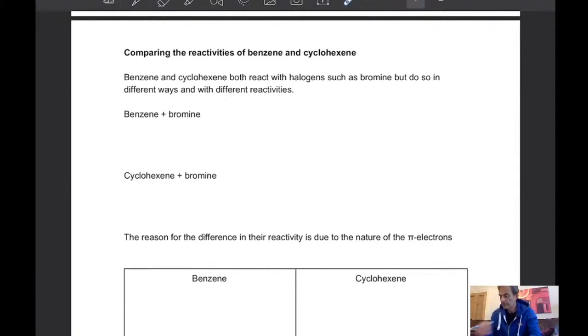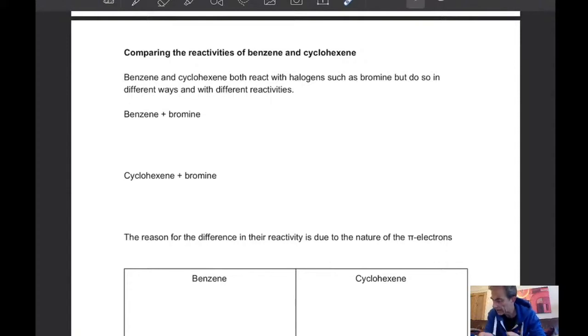So this little bit of the syllabus here is a very commonly asked question, where you compare the reactivities of benzene and cyclohexane, and there's also a similar thing we'll do at the end of the phenols bit of the aromatics as well. We'll do this one first, obviously, because it's part of the benzene stuff.